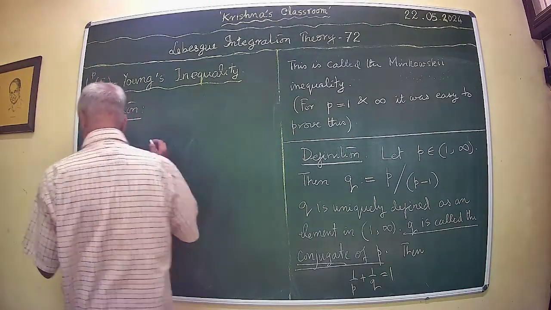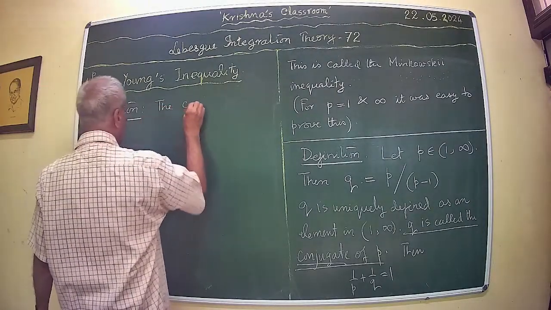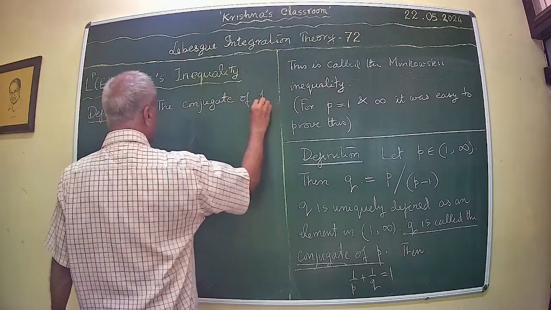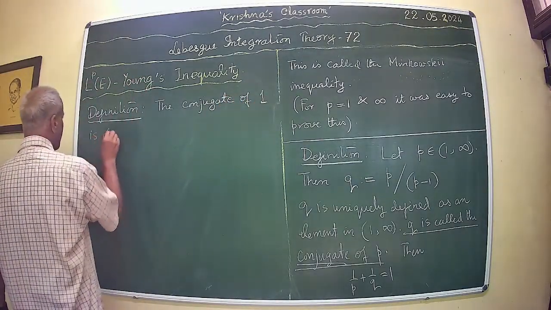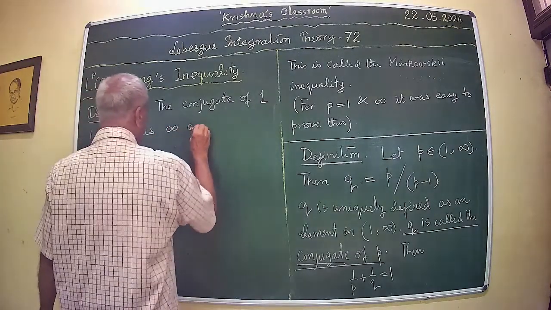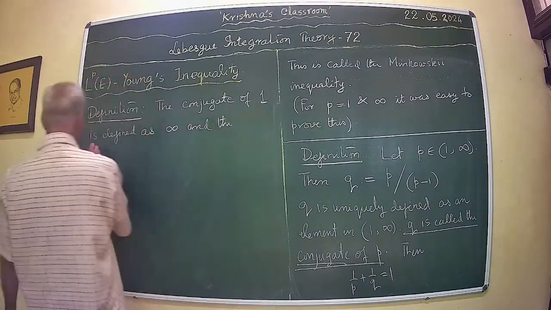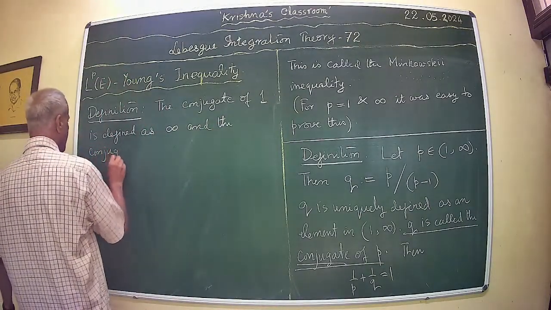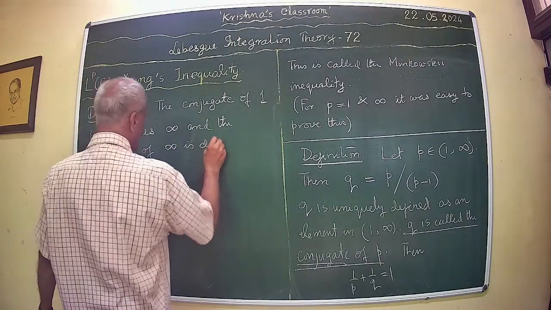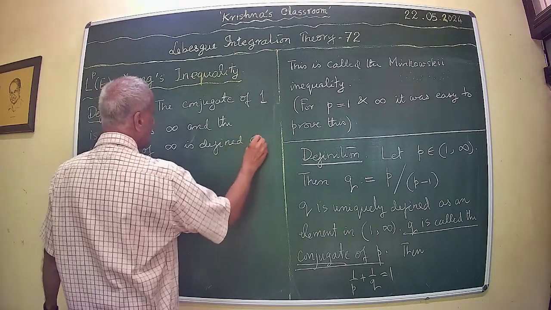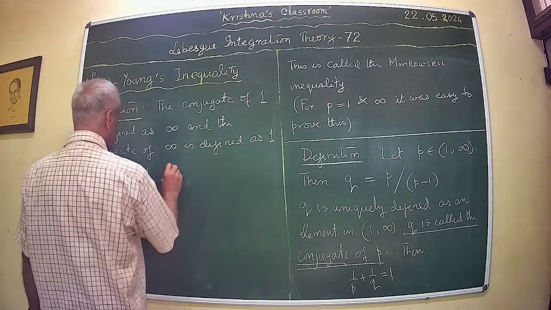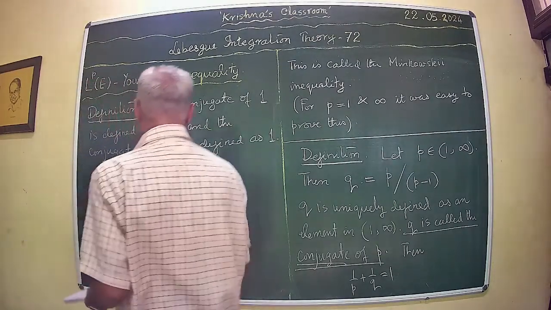The conjugate of 1 is infinity, and the conjugate of infinity is 1. Again, you look at this relation, 1 by p plus 1 by q equal to 1.